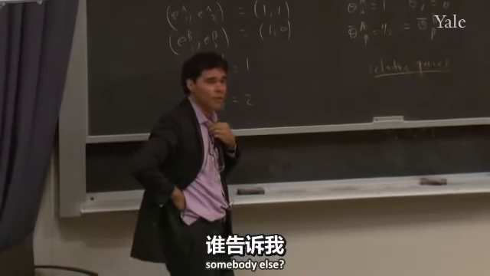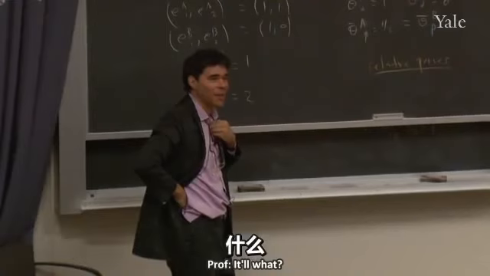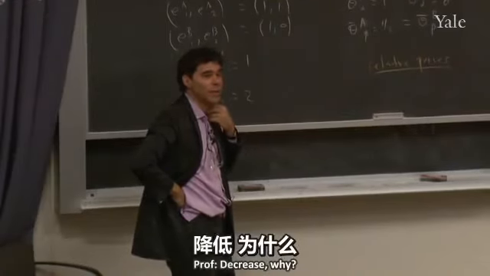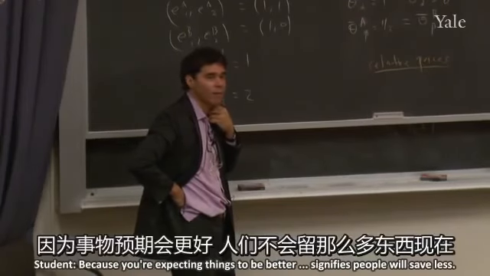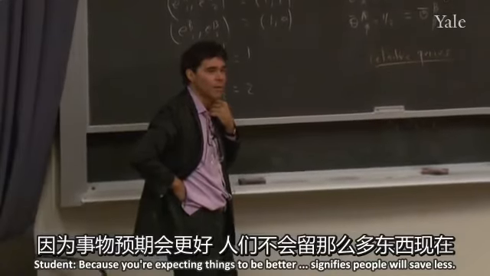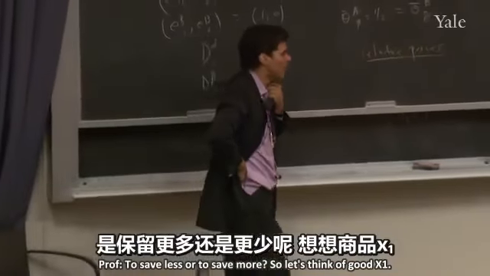Somebody else. It'll what? Decrease. Okay. Why? Because you're expecting things to be better in period 2, so you need to incentivize people to save less. To save less or to save more?